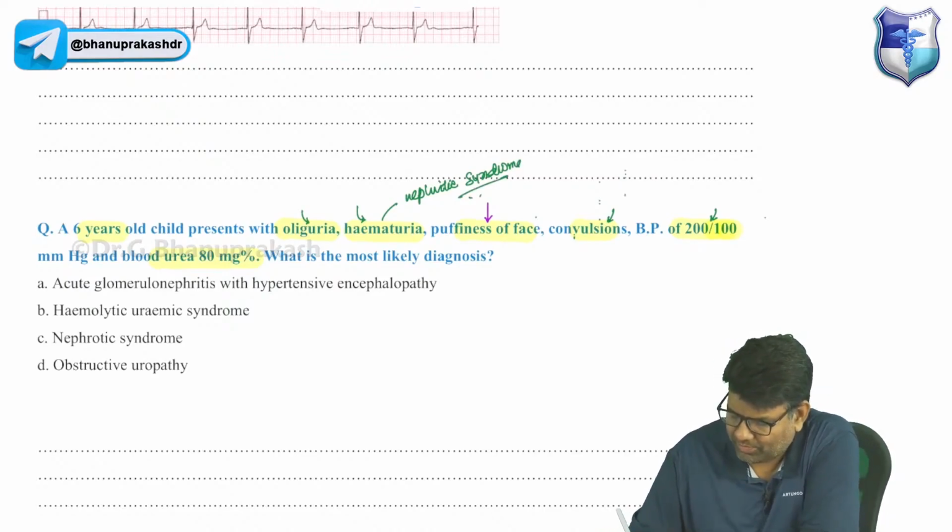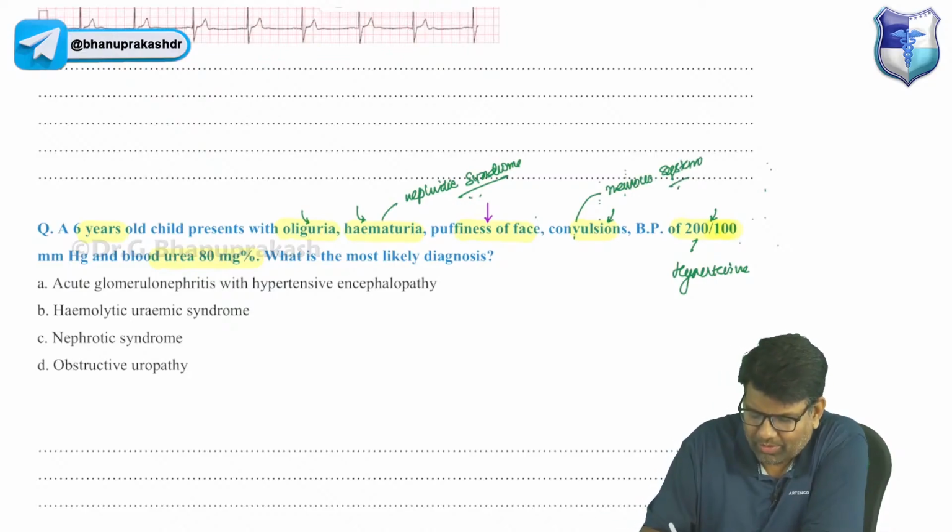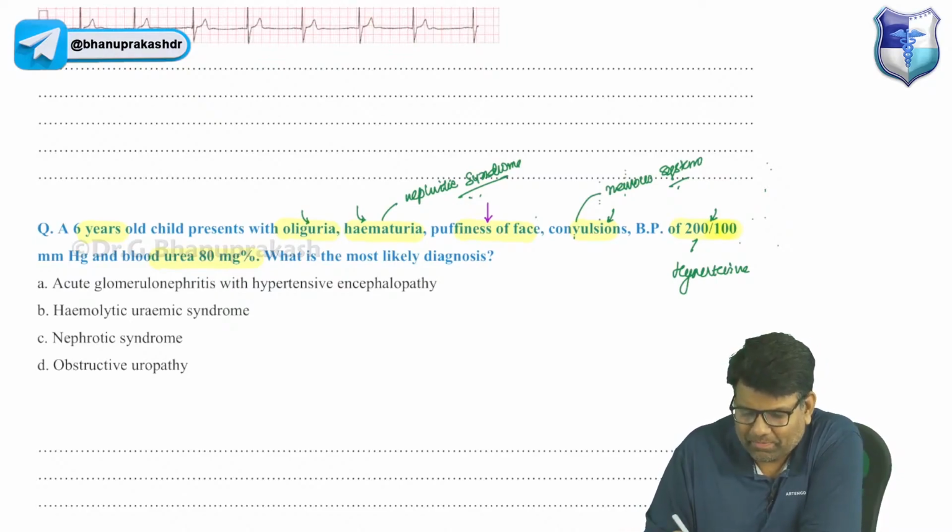This is nephritic syndrome. And this is hypertension. This is involvement of the nervous system. What can you think of now, considering these 3 points? Yes, it is AGN with hypertensive encephalopathy.